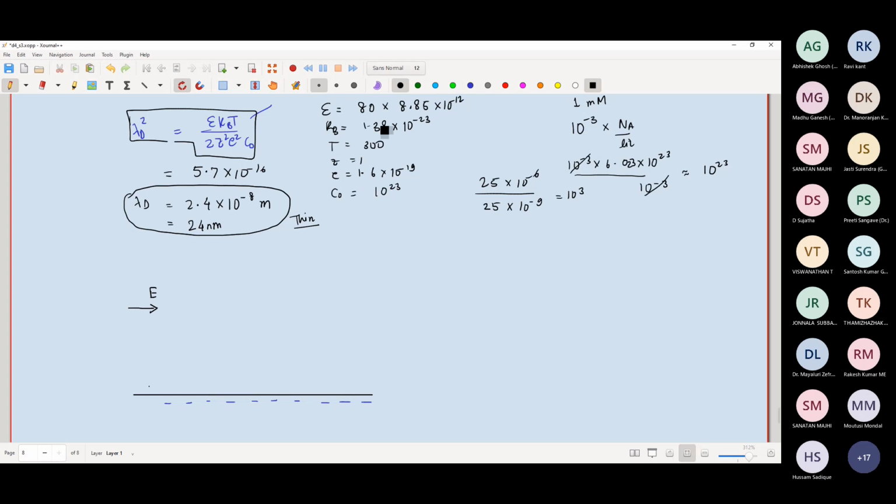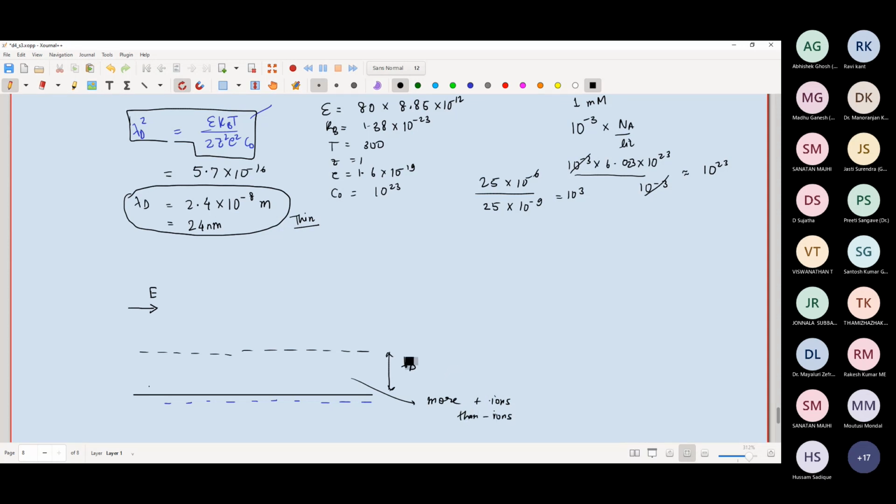If the solution is KCl, then there will be a larger number density of positively charged ions in the vicinity, meaning that up until the Debye layer, so this is lambda d, this region will have more positively charged ions than negatively charged ions.